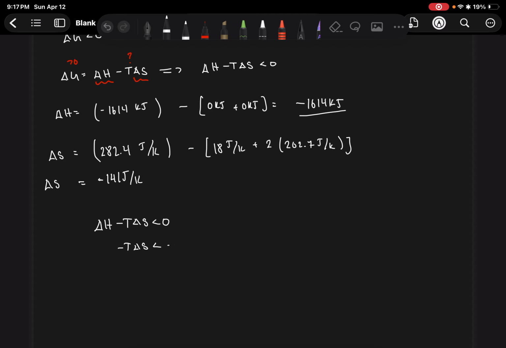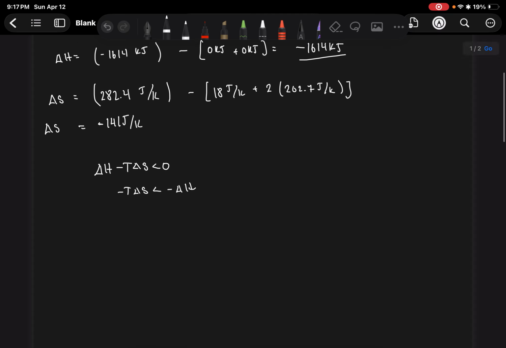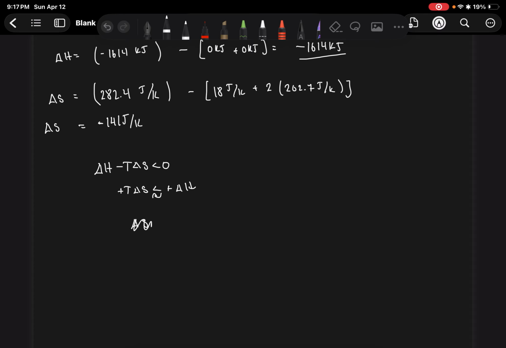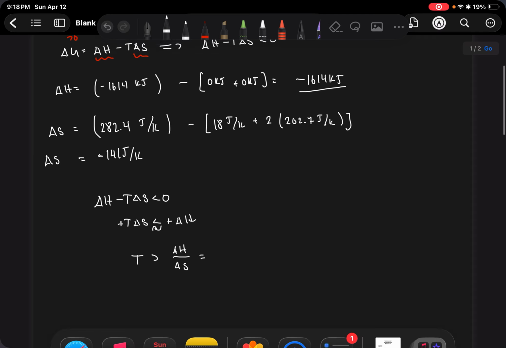I'll just show my steps because there's something important here. When we eliminate the negative from both sides, we need to make sure to flip the sign. So hopefully you know that. It's just basic math. Now we're going to substitute these values in. Delta H is equal to negative 1614000.